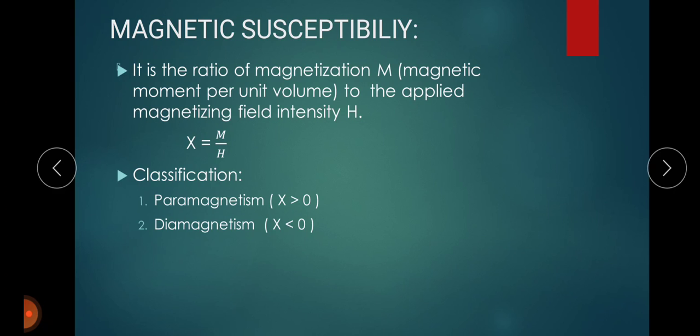Examples of paramagnetic materials are aluminum, magnesium, etc. Such materials are magnetized only when placed in a strong magnetic field and act in the direction of the magnetic field.